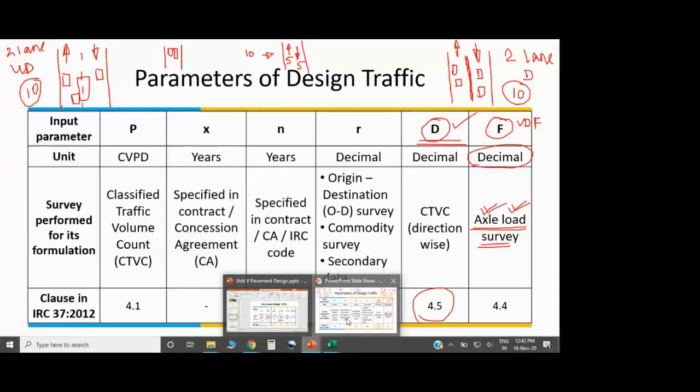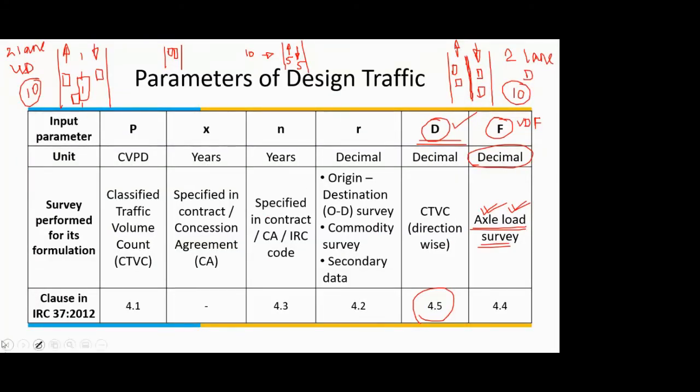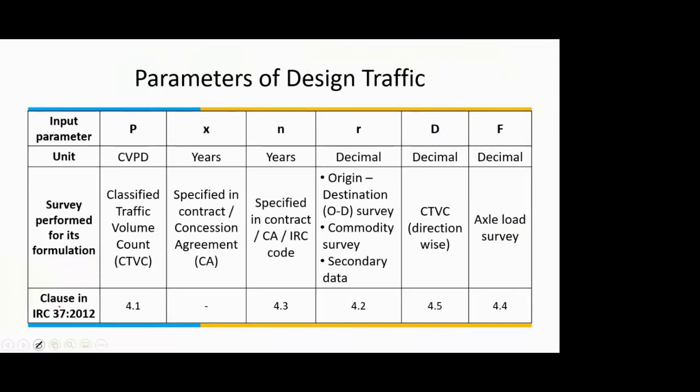Just before we proceed further, I'll tell you what tridem and tandem are. If I draw a top view of trucks without the chassis, just the axle arrangement, I can have one arrangement like this, in which you have the front axle with single wheels on both sides, and a rear axle with dual wheels on both sides.